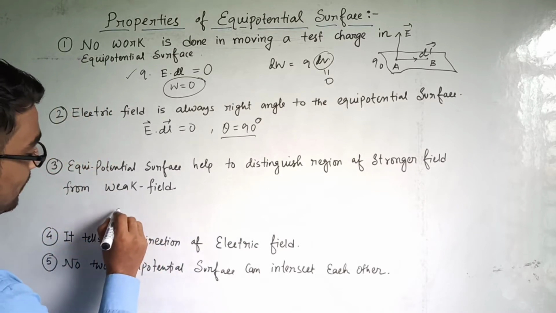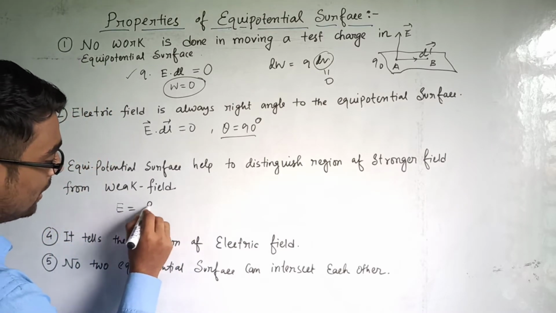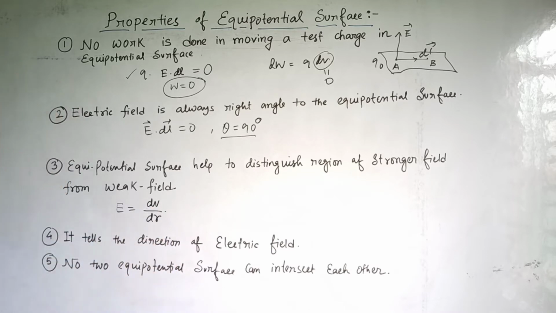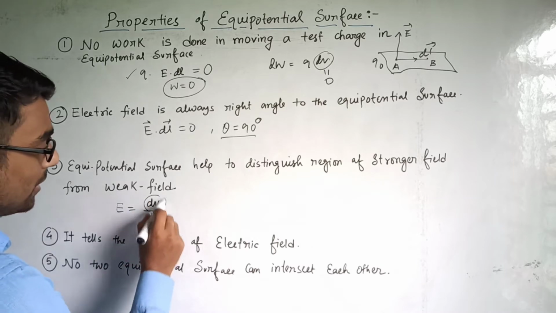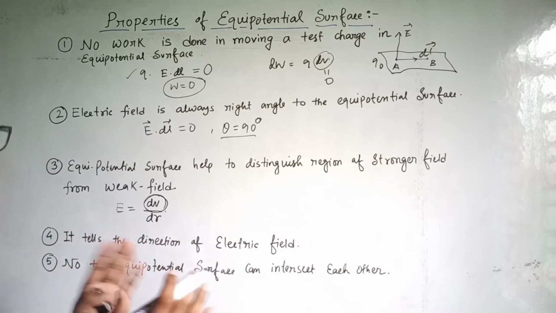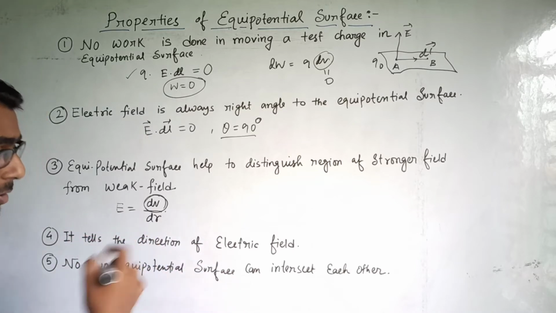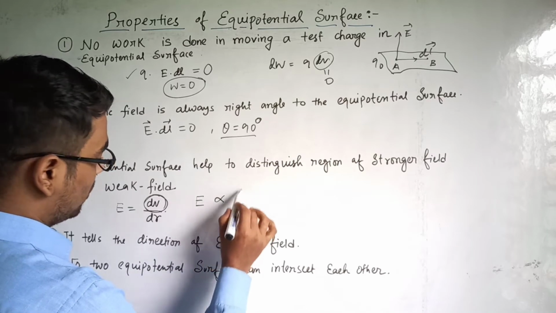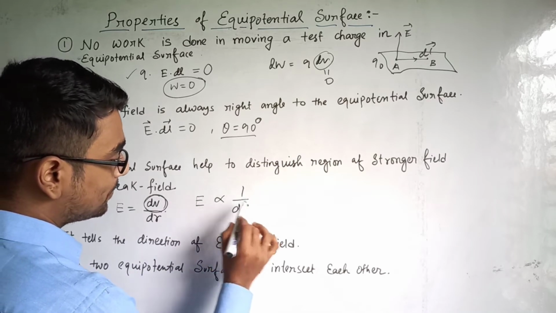We know that E is equal to dV by dr if we take only the magnitude. Here dV is constant, that means the potential difference between two surfaces is constant. Then we can write E is directly proportional to 1 by dr.